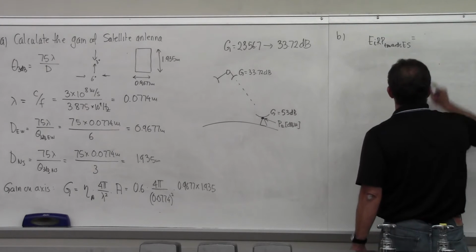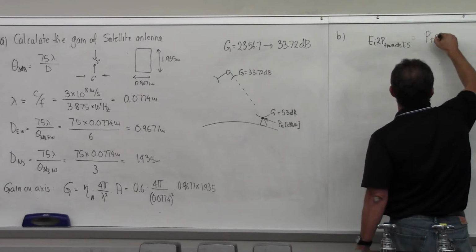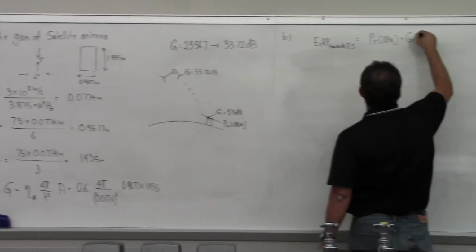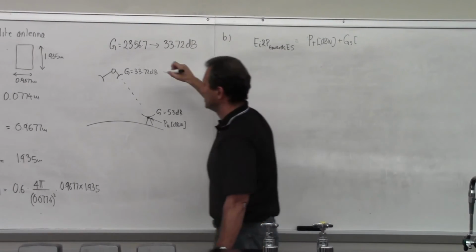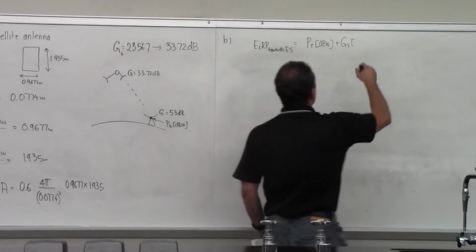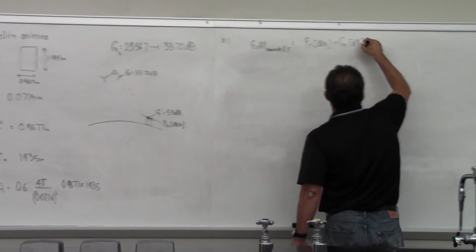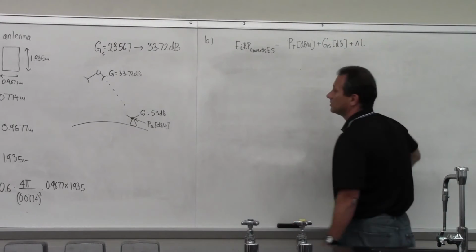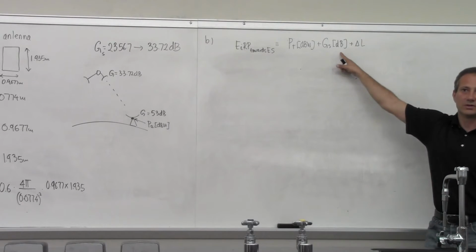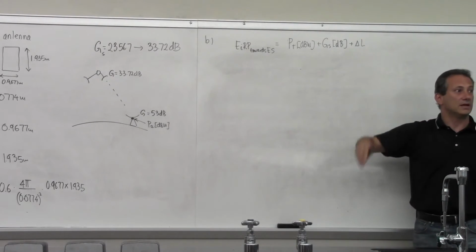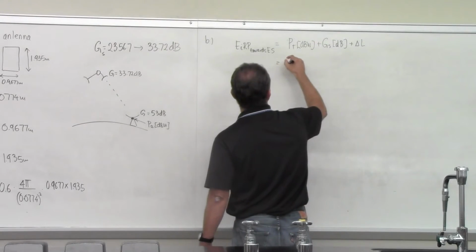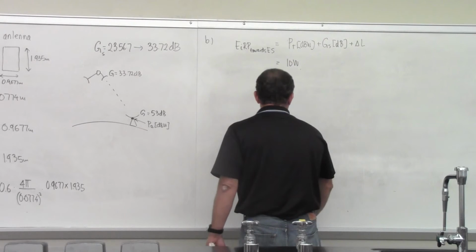So this is going to be P transmit from the satellite in dBW plus the gain of the satellite antenna. Let me call this gain S, indicating satellite antenna, in dB, plus this delta L that shows us where we are relative to the main axis of the transmit antenna. We're off the main axis. We're 3 dB from the main beam. So this becomes 10 dBW.